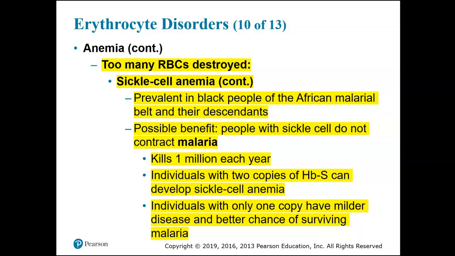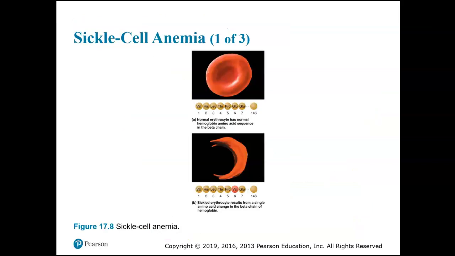When they contract malaria, they'll be resistant to the malaria. So if individuals get 2 copies of the sickle cell gene, HBS, they can develop sickle cell. If they have only 1 copy, they're going to have milder disease and a better chance of surviving malaria. So that's why it has survived in the population.